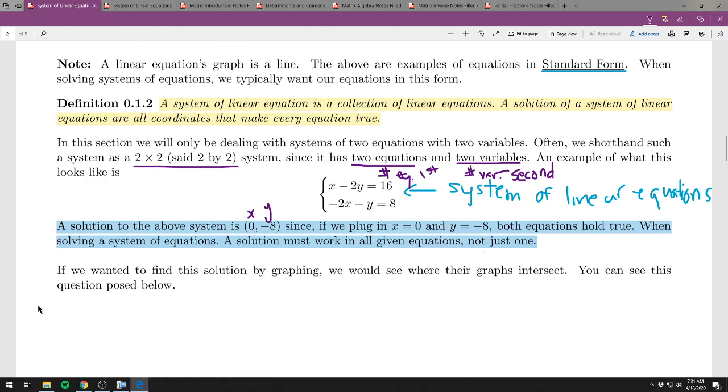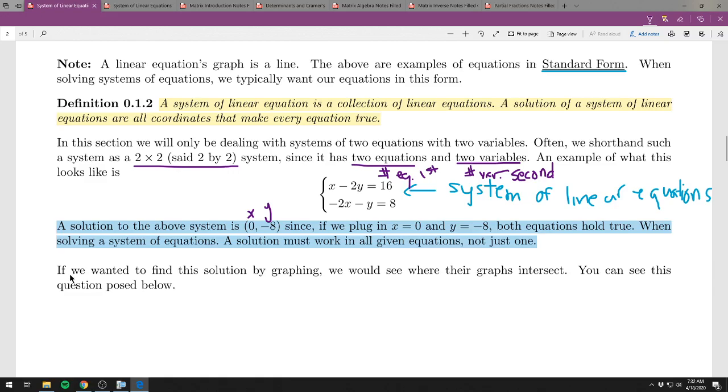Okay. Now, typically, the way you would start solving these systems of equations is by graphing, because you learn how to graph these things. A solution would be where their graphs intersect. But we're not going to deal with equations that only have intersecting lines in this class. So what I want to do next, what you'll see is a little chart.